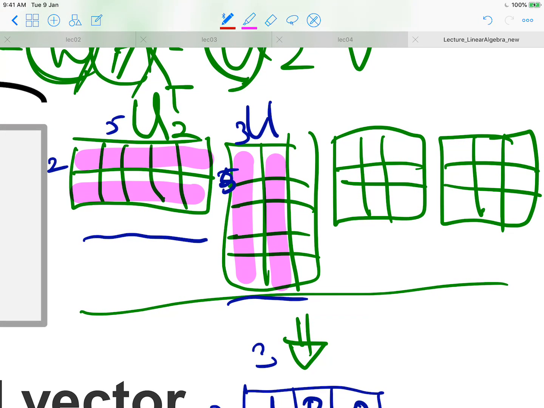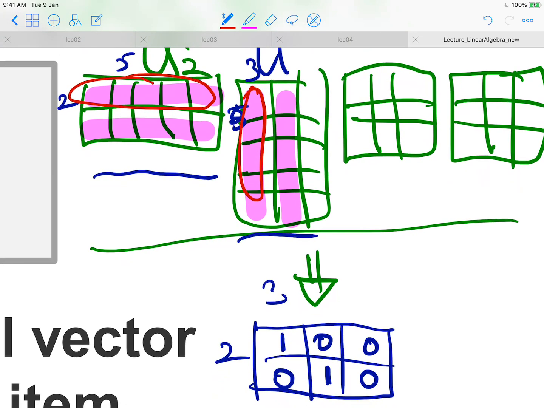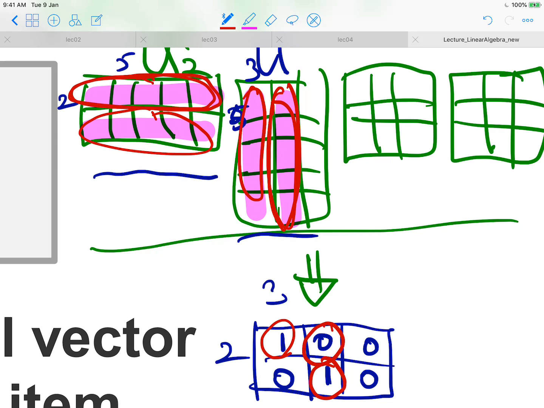Then in this case, this guy and this guy, their inner product will be computed as 1 because it is the inner product of the same vector. And then the second one and the second one will form another 1, right? And then what about the cross terms? The first one and the second one will produce 0 because they are by definition also normal vectors.